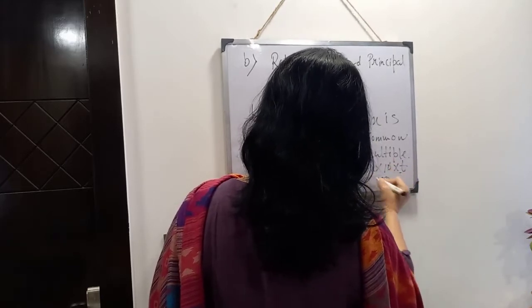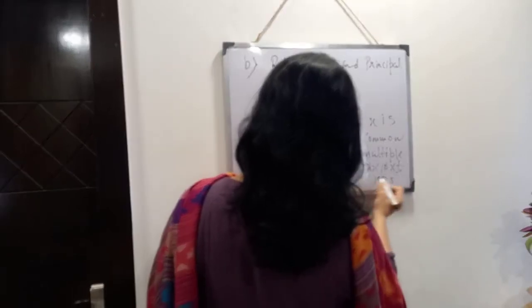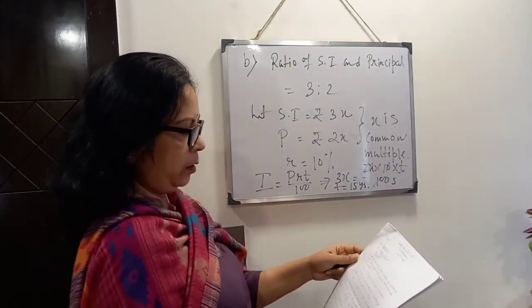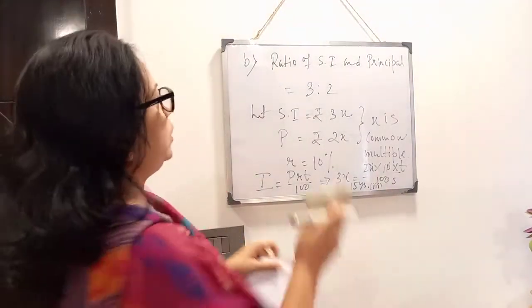So time period T is coming 5 into 3, 15 years. Option 3. Clear? Option 3. Next one.